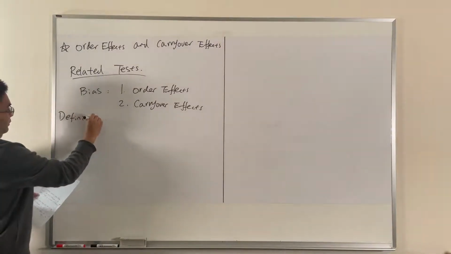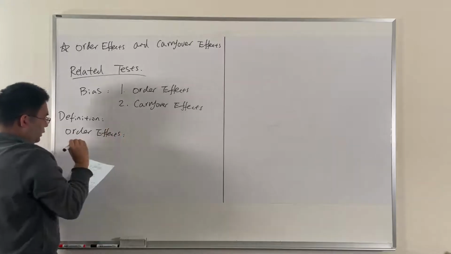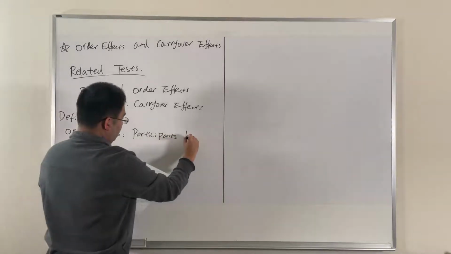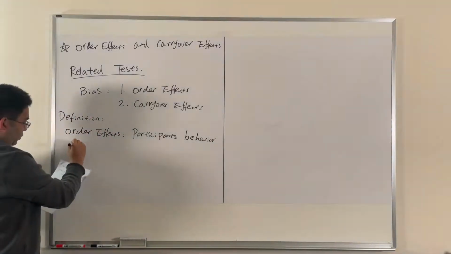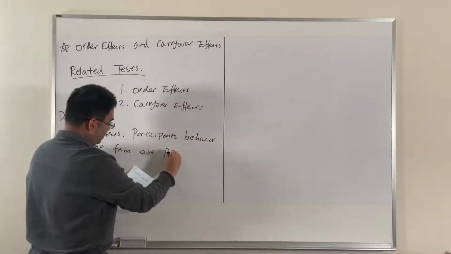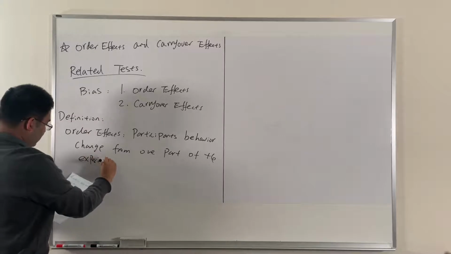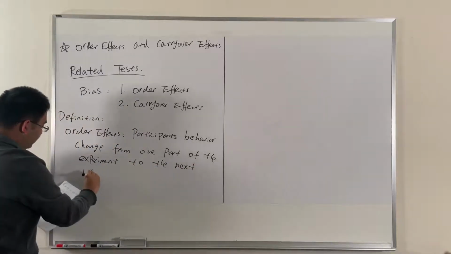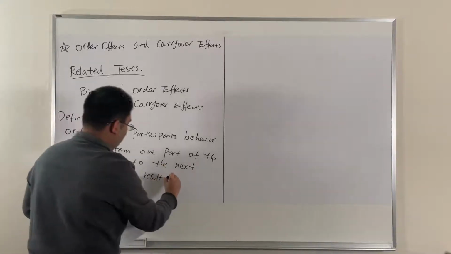Definition: order effects are participants' behavior change from one part of the experiment to the next, usually as a result of repetition.